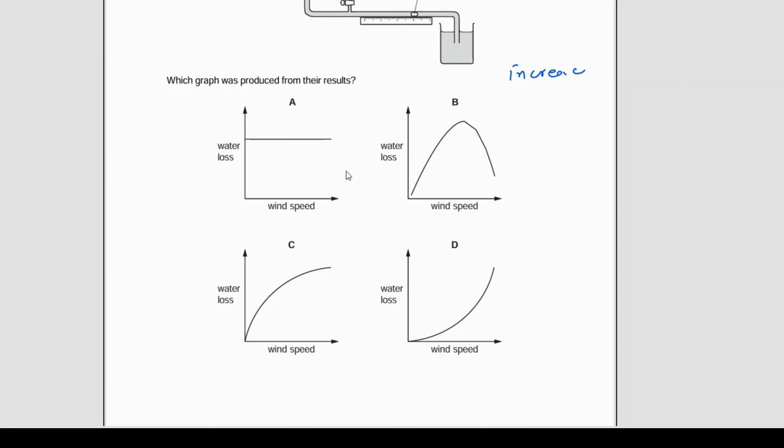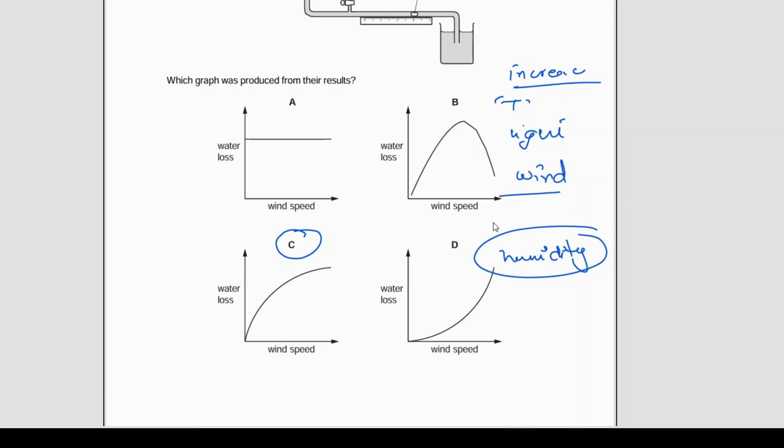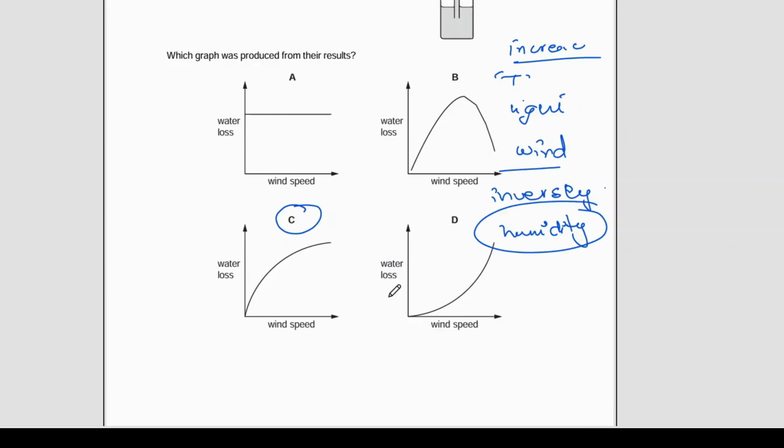Exactly, it would be C. Temperature, light, and wind have the direct relationship with the water loss, while humidity has an inverse relationship. Okay? Inversely.